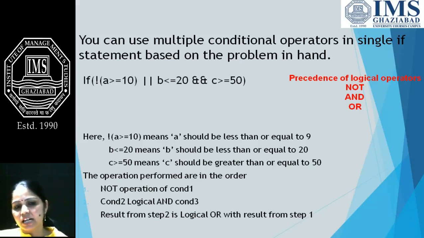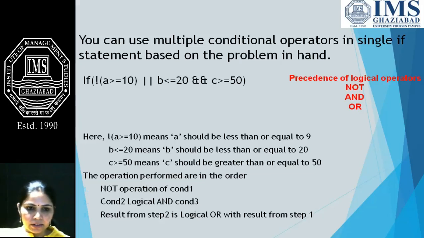The operations are performed from left to right if we have multiple logical AND or logical OR in the same statement. That means if the precedence is the same, the associativity is from left to right, and the precedence order is: first NOT is performed, then logical AND, and then logical OR.